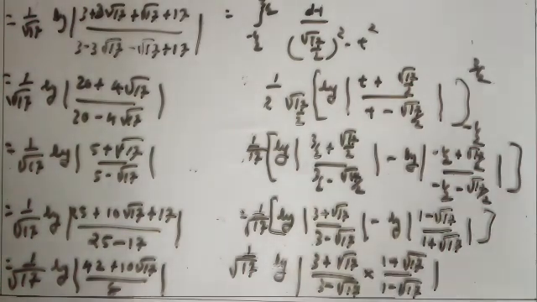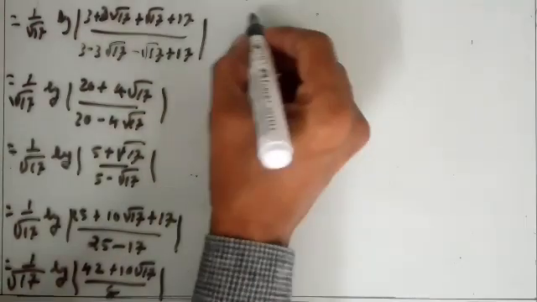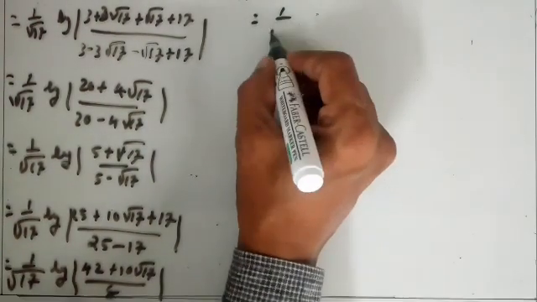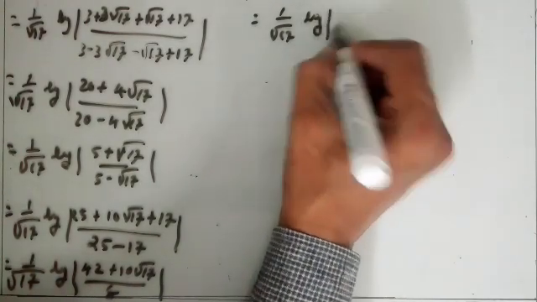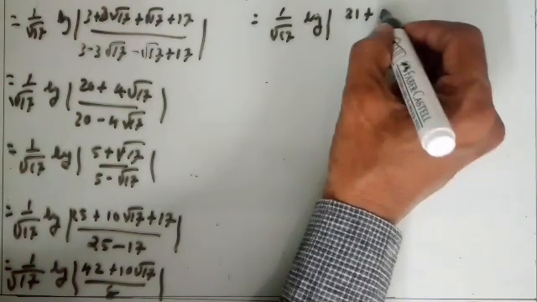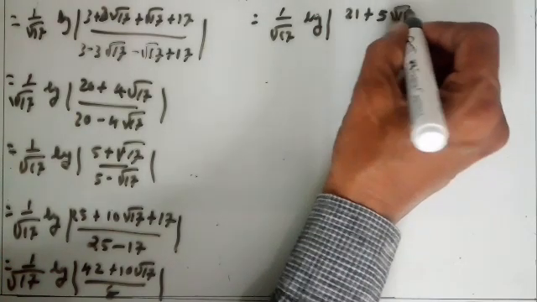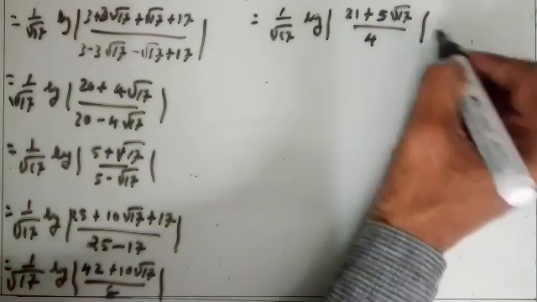Now simplify this. Dividing by 2, here we get 1 upon root 17 log of 21 plus 5 root 17 upon 4. Okay, answer.